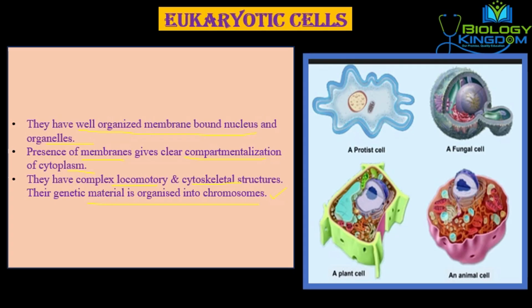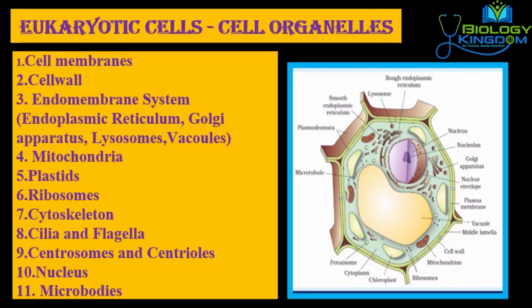Examples of the eukaryotic cell are a protist cell, a fungal cell, a plant cell, and an animal cell. Many cells have this kind of organized membrane bound nucleus and organelles. Moving on to the parts of the eukaryotic cell, there are the cell membrane and cell wall.